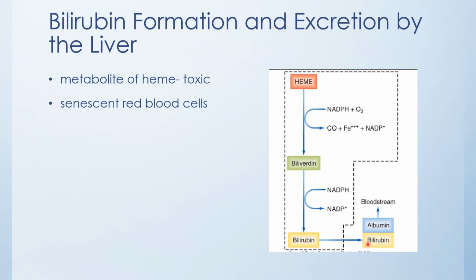So these are carried by albumin to the bloodstream to be carried to the liver for the process of conjugation. This production of bilirubin is usually coming from the senescent RBC, from the heme.